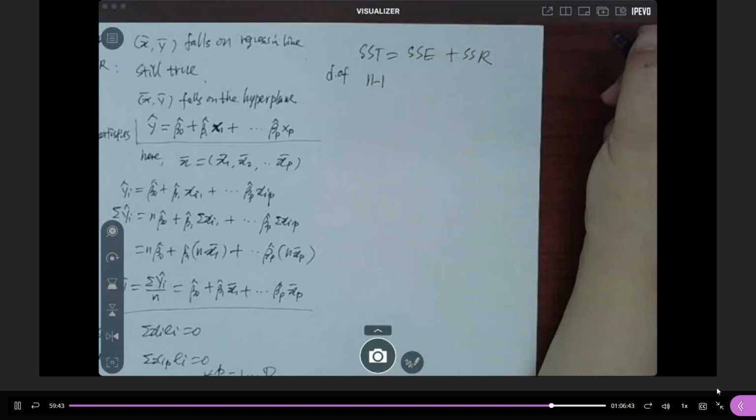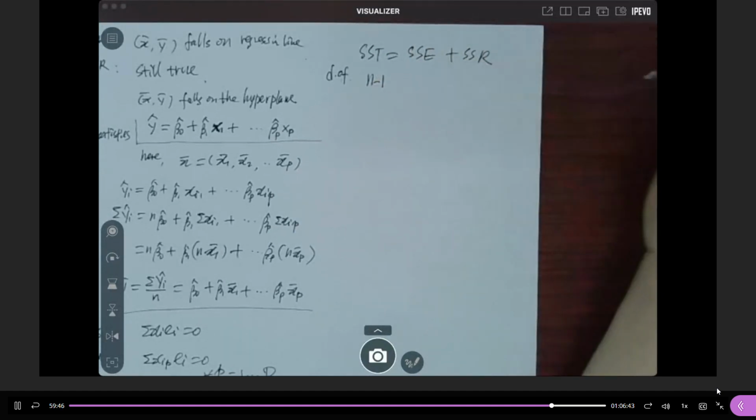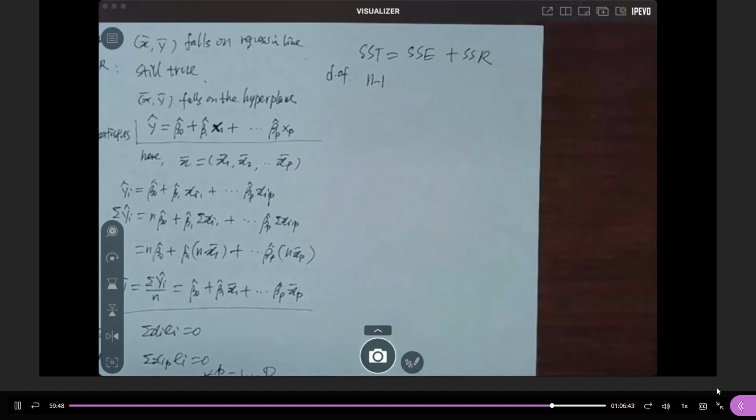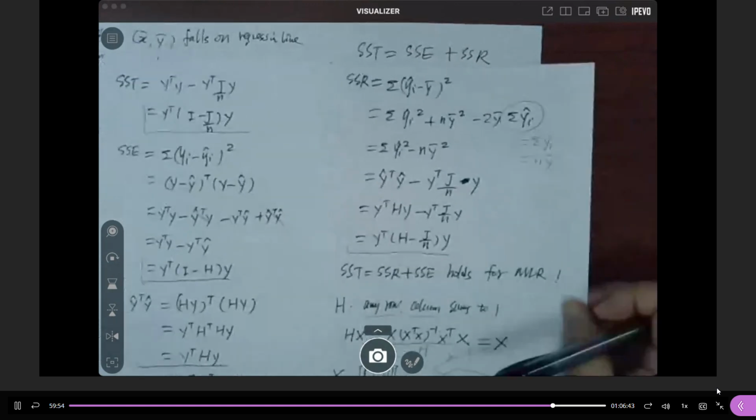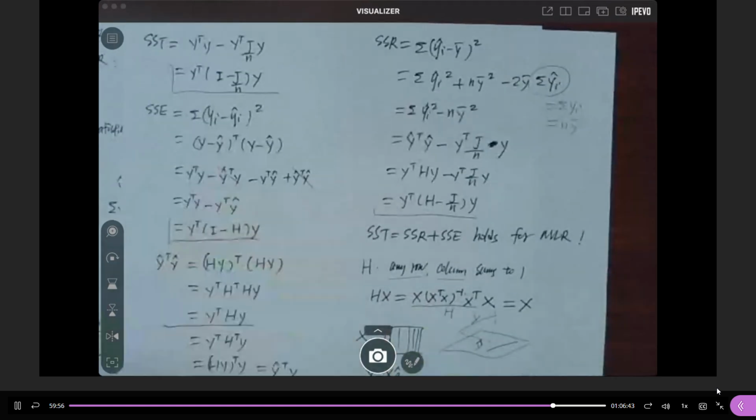What is the degree of freedom for SSE? Where is my SSE? Here. This is SSE.